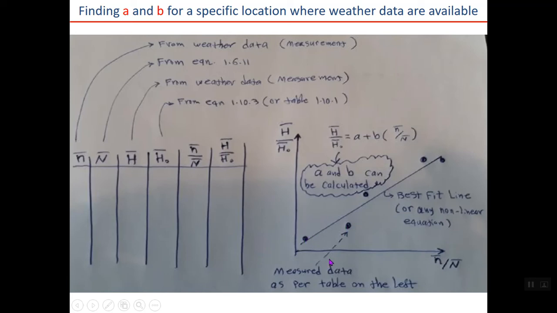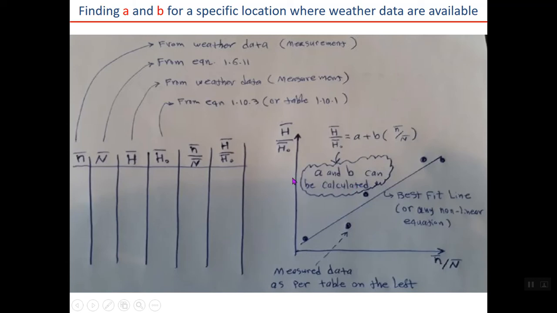These points, as you can see here, are measured data as per the data table on the left, and then by any method, by your scientific calculator, by Excel or any other method, you can fit a curve or line to the data points. In this way, A and B can be calculated.